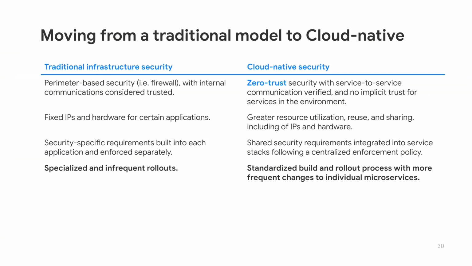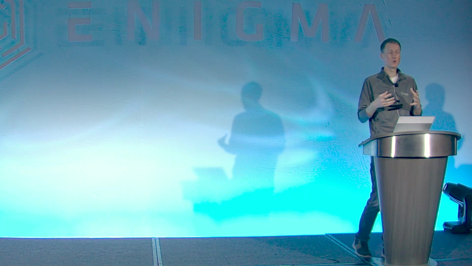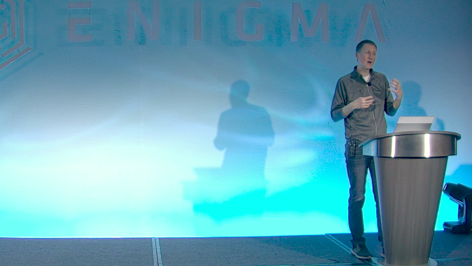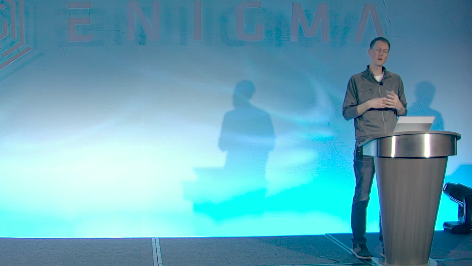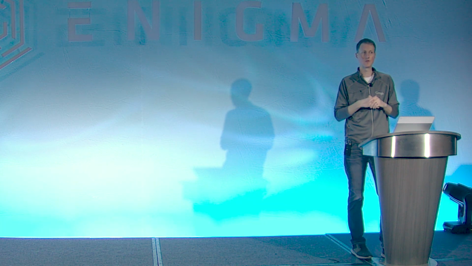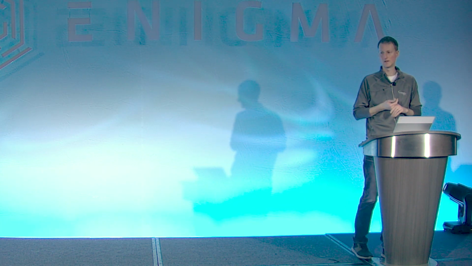Rollouts and patching are obviously an important element of security. A traditional model might be a larger monolithic application made up of a lot of components and a lot of dependencies included in. Because you may have fewer instances of that thing running, it can be a lot more difficult to patch, or patching happens less often.